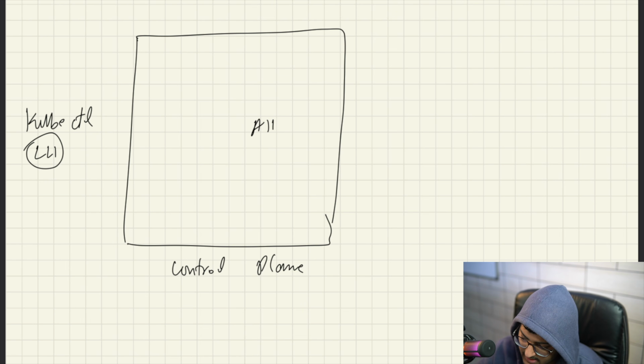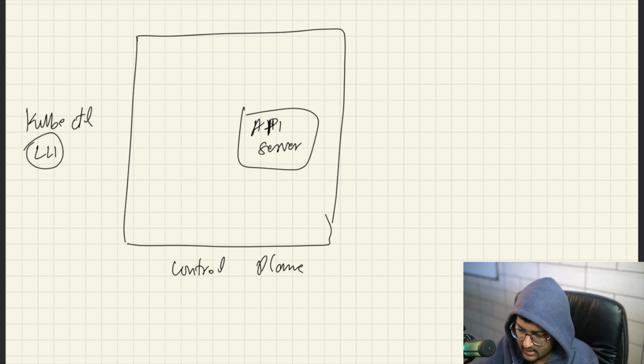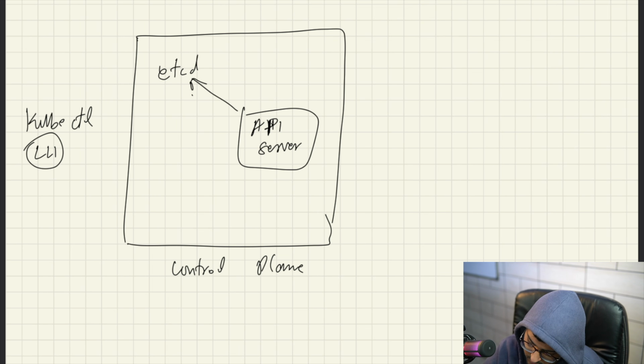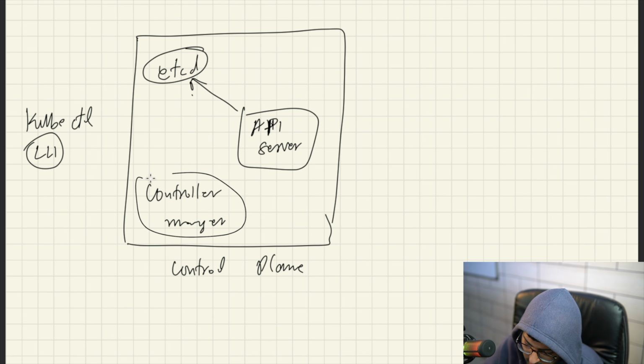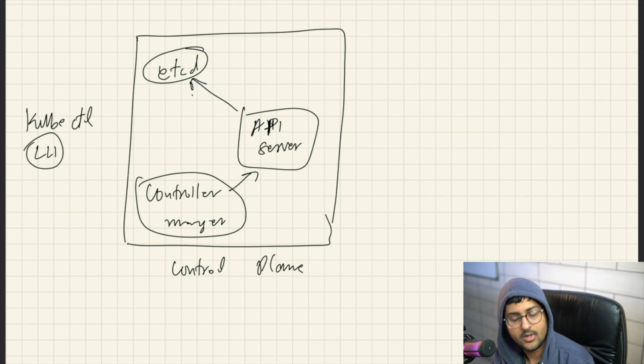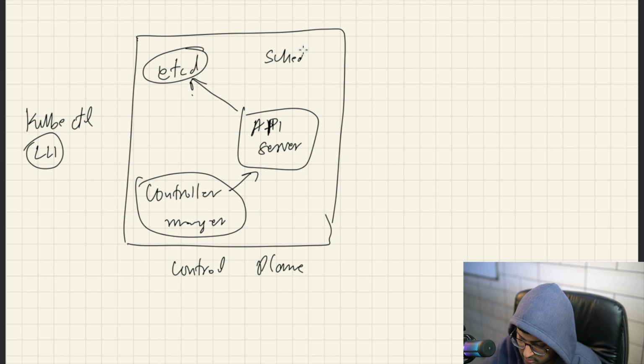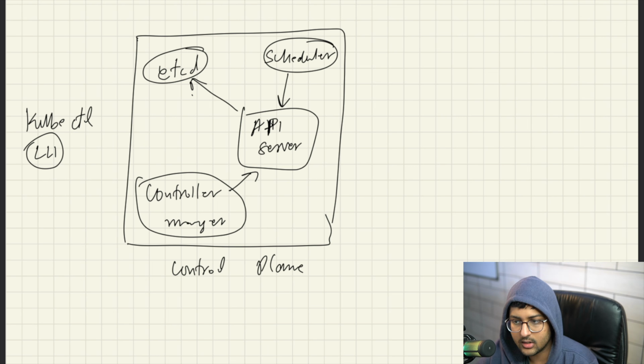Control plane has the API server. Cool. You have etcd. Okay, we talked about that. You have your controller manager, right? You have your scheduler as well. Okay, we already talked about all these things.